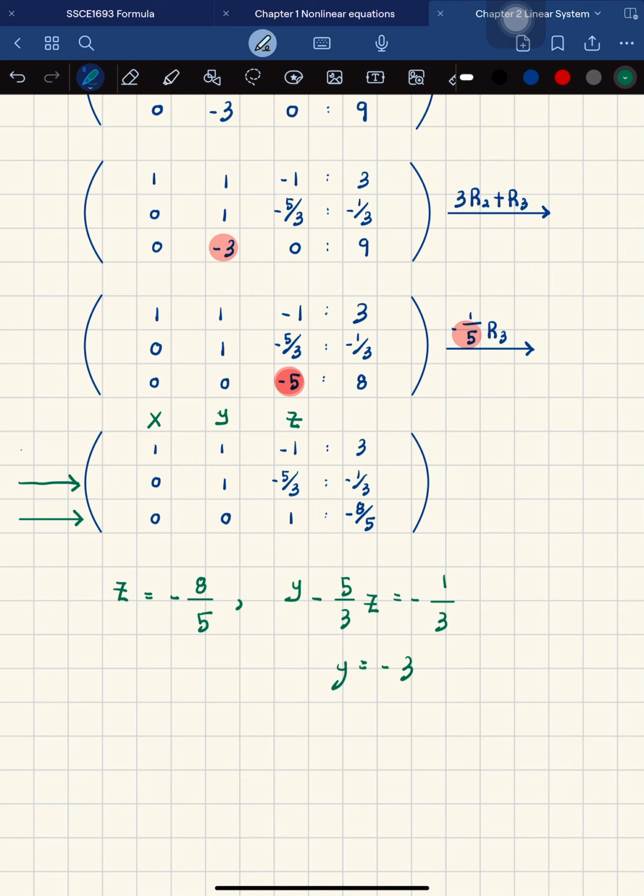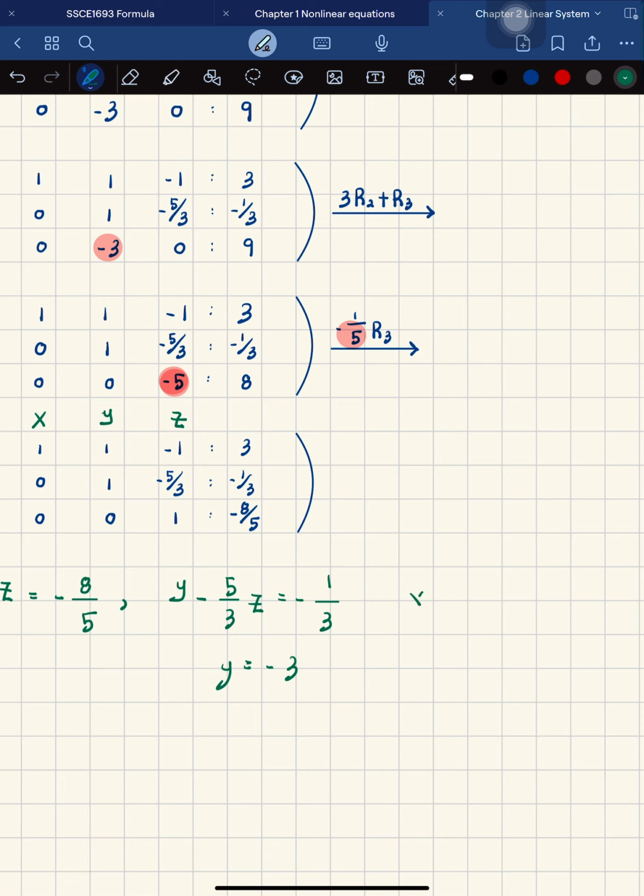And last one, the first row. We have X plus Y minus Z equals 3.